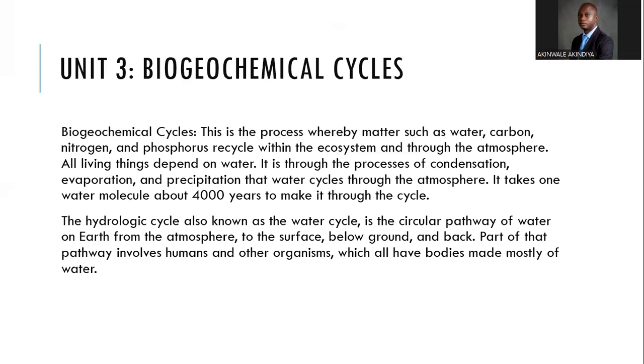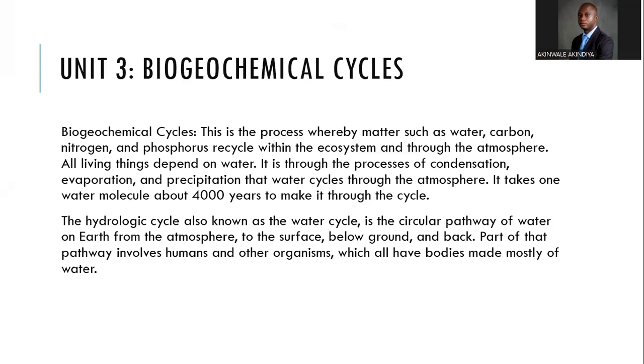All living things depend on water. It's through the process of condensation, gas becoming liquid, evaporation, liquid becoming gas, and precipitation, which is raining, that water cycles through the atmosphere. It takes one water molecule about 4,000 years to make it through the cycle.